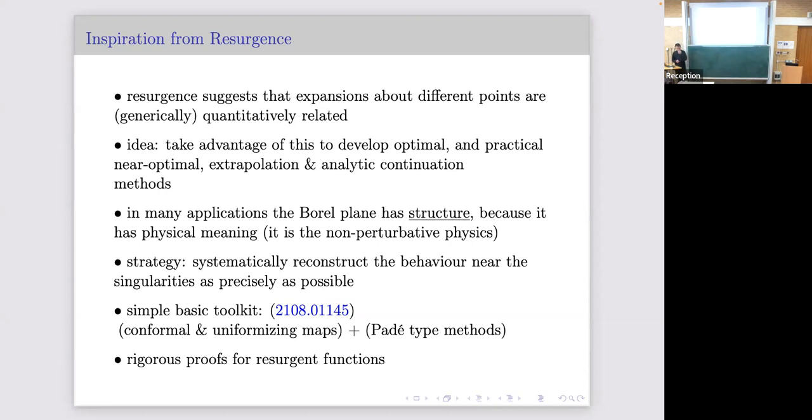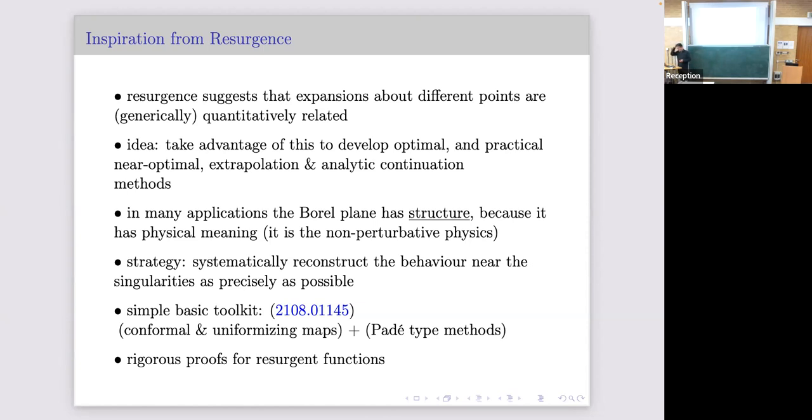So the strategy is going to be to systematically probe the neighborhood of the singularities as precisely as possible. And it should be pretty clear, I hope, that if you're interested in things like connection formulas, Stokes constants, whatever, that information is lying near the singularity. So if you can probe the singularities and resolve the singularities much better, then when you take your transform back to the physical plane, you'll have a better analytic continuation.